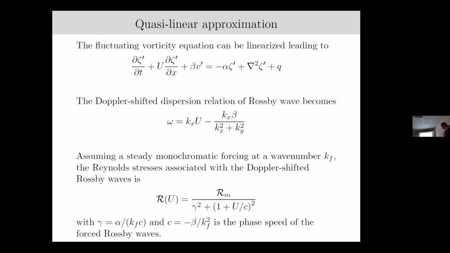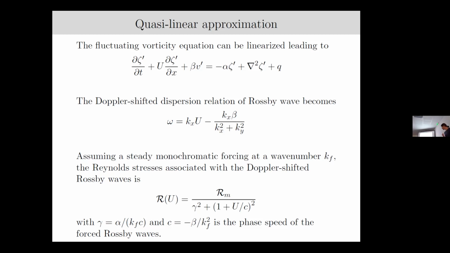And clearly you can see that this is the overall solution that you get. So this is the Reynolds stress driving your mean flow. And you can see it's some kind of a Lorentzian with a resonance curve where if this term is equal to -1, these terms drop, and this is where your Reynolds stress will be maximum.